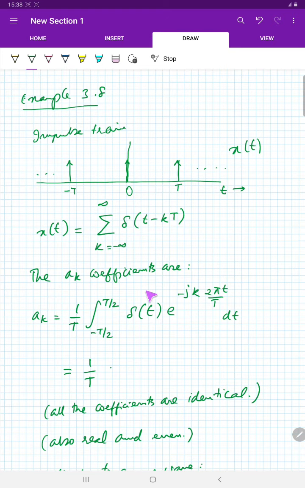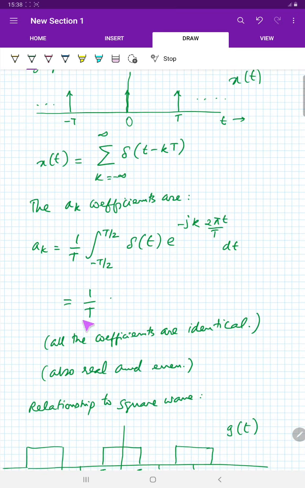You can compute this by applying the analysis formula for ak, and if you substitute this and use the sifting property of the delta, you will see that the integral reduces to 1 by T. And there is no k here, right?